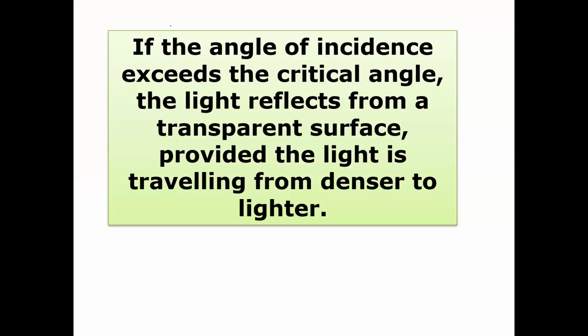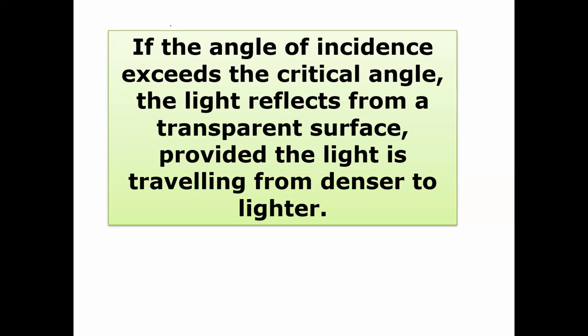Now, what is total internal reflection? If the angle of incidence exceeds the critical angle, light will come back in the same medium, and this is called total internal reflection. For example, you are sitting in the front seat of a car, and the glass of the car is transparent.